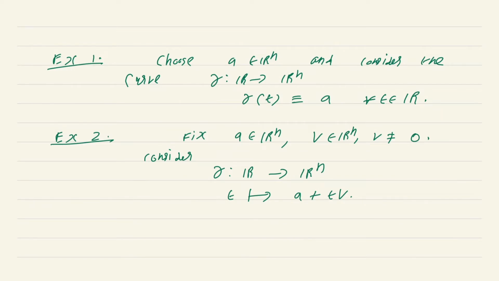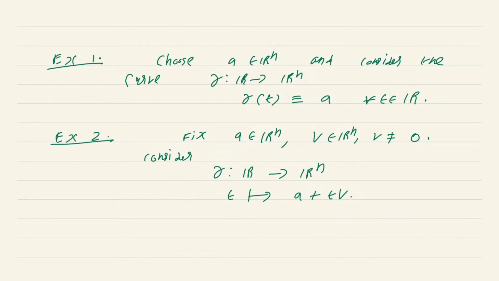As you can visualize, this just traces out the line passing through the point a in the direction v. Because I want this example to be genuinely different from the first example, I have insisted that v is not 0. Now, needless to say, the first example is not a simple curve. The second example is going to be a simple curve. And both example 1 and example 2 are actually C infinity smooth curves.